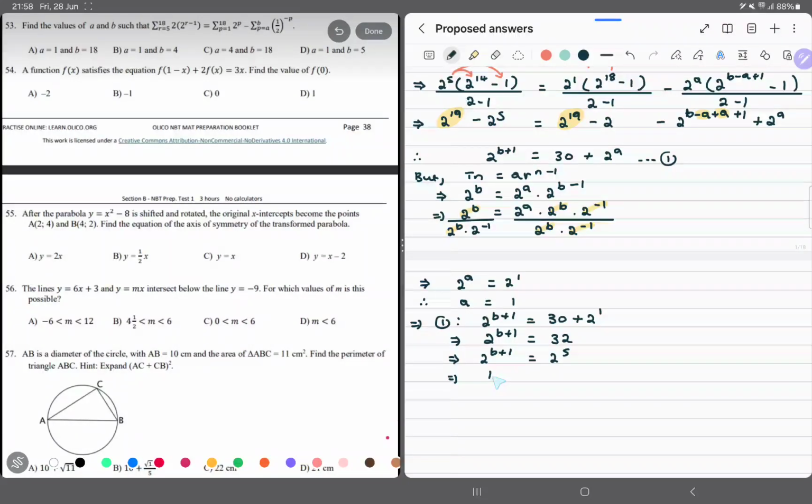Same basis, we can equate the exponents. Therefore b is 4. So therefore our answer for this question becomes essentially B.